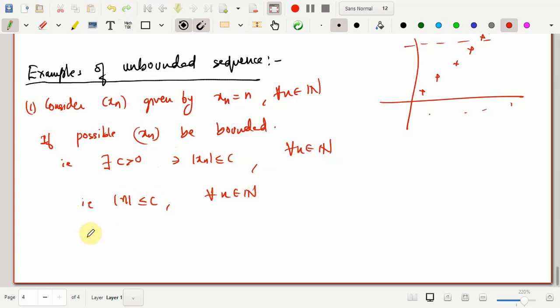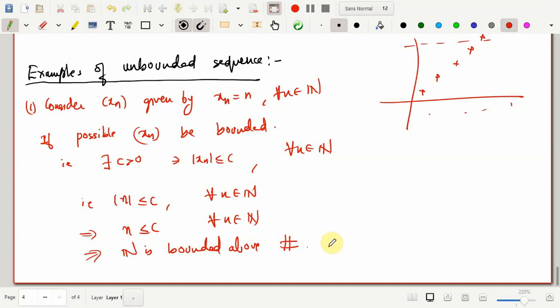Now we know that each natural number is positive, strictly greater than 0, and therefore its mod has to be itself. So is this not a contradiction? This says that C is an upper bound, and therefore we have produced an upper bound for the set of natural numbers. So we have shown that N is bounded above, which contradicts the Archimedean property.